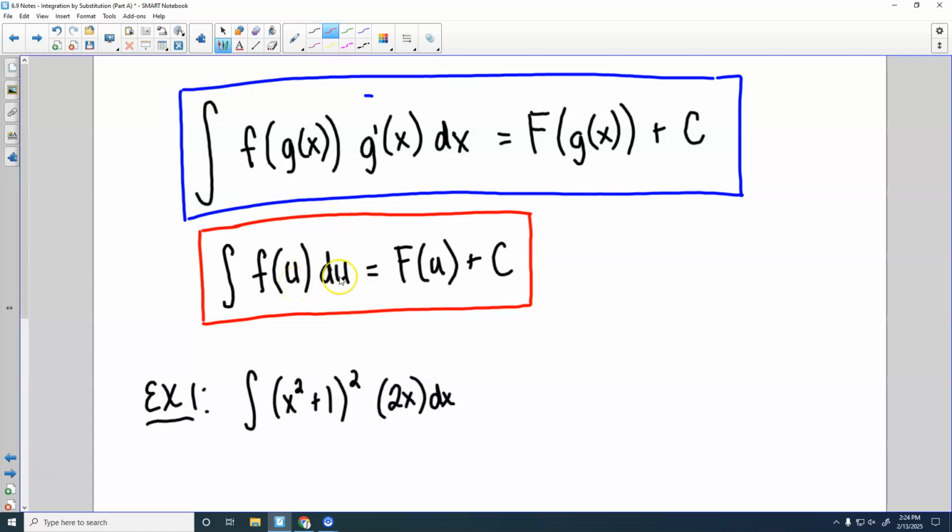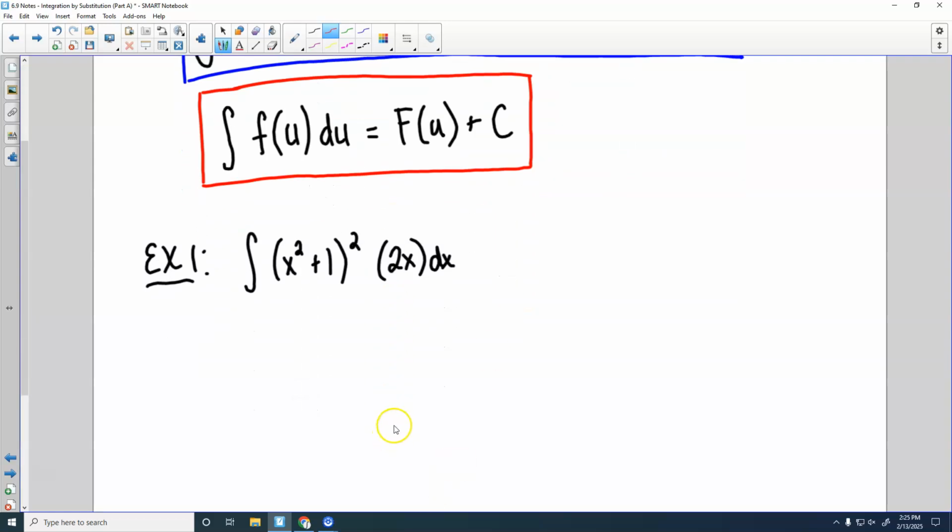Now, this is really just how we integrate right here, because when we integrate this with respect to u, then the du is just telling us the variable that we're integrating with respect to, and it goes away. Whenever we integrate the function so that it becomes capital F, we put the plus c on the end for our constant. So what we're going to do here is we're going to take an expression that's more complicated, and we're going to rewrite it using substitution to make it an easier integral that we do know how to do, and then we'll integrate it and replace that back.